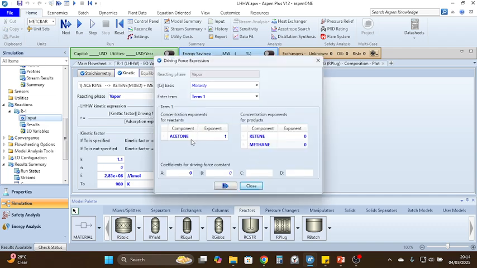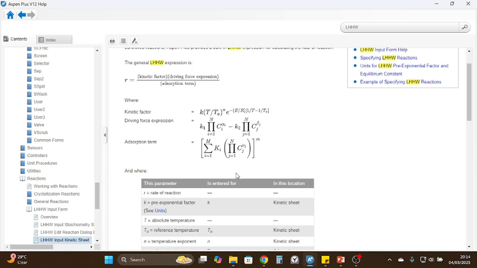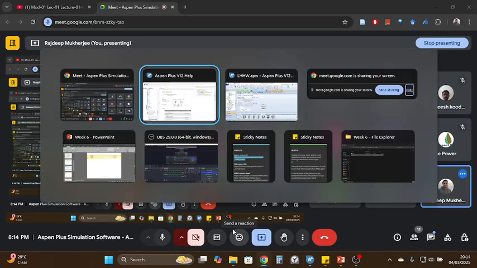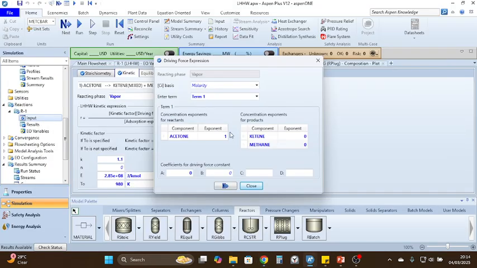That is our acetone. I have kept one over here. Next, we are filling up these coefficient values.